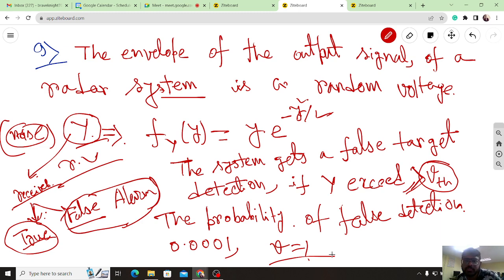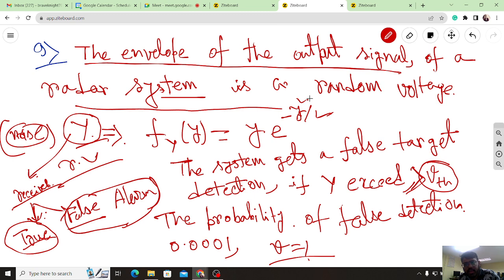So let me repeat the question once again. We have an output signal of a radar system, and that generates a random voltage, that is the noise, Y. This Y is the noise, and the PDF of the noise is given in this way.